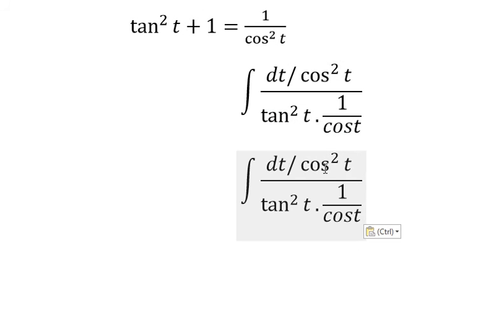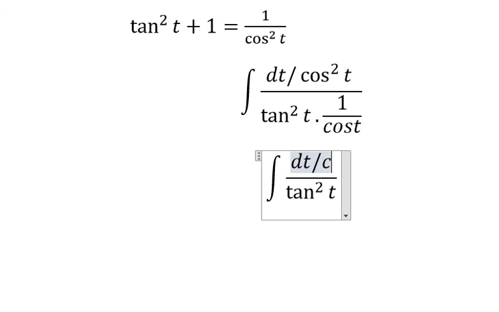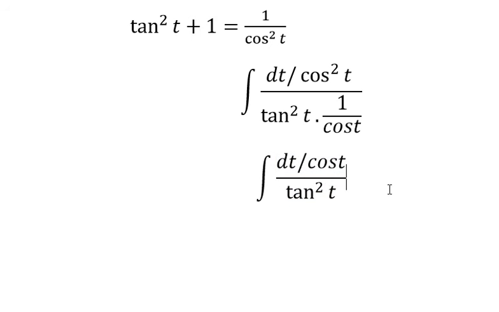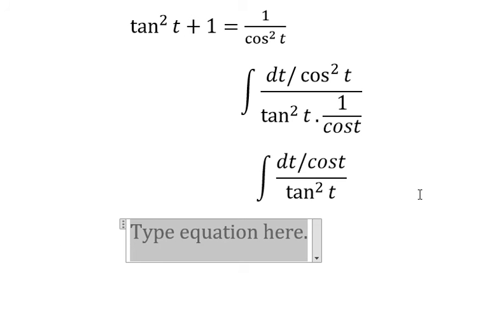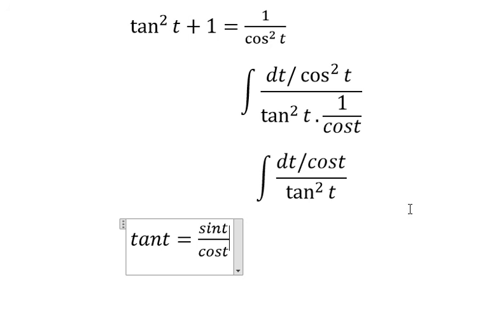Cosine t, and we have cosine t, so this means they eliminate, and this one changes to cosine t. We have the formula. We will use this formula in this situation.